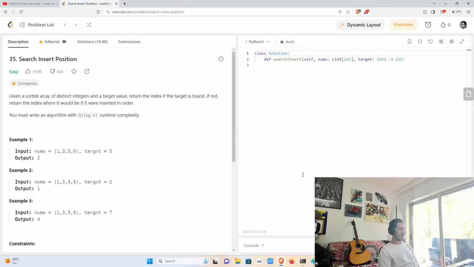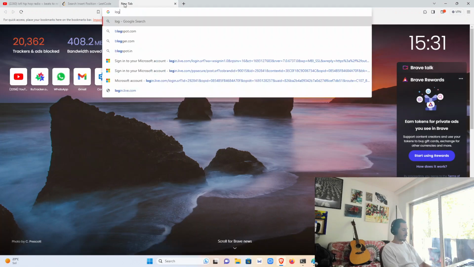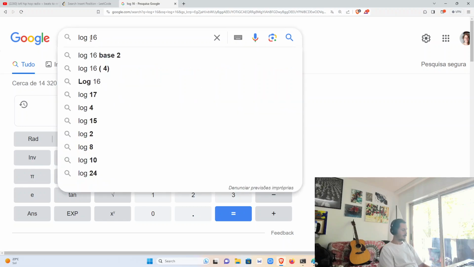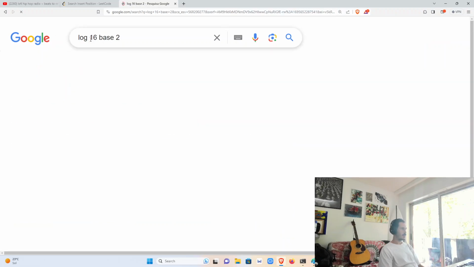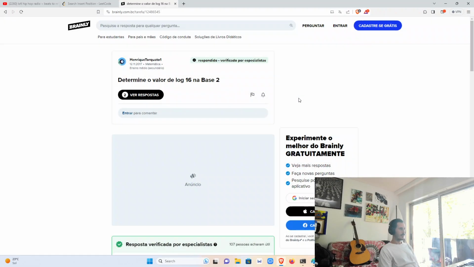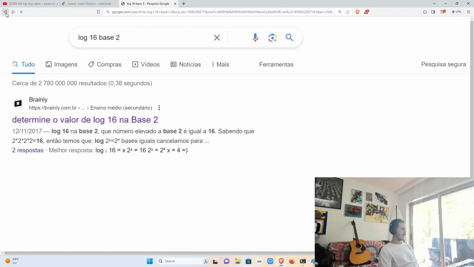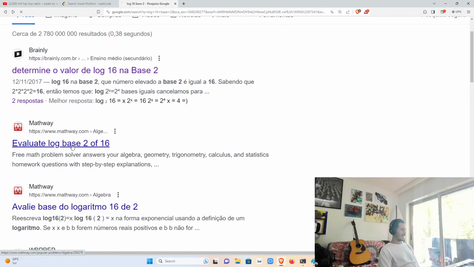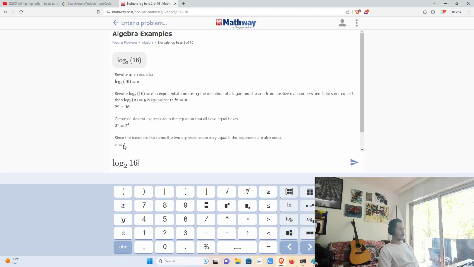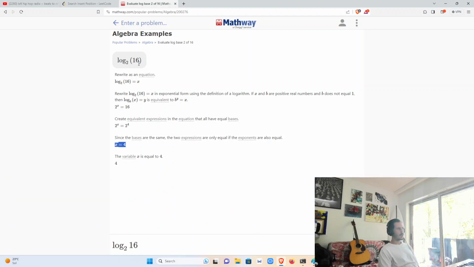So let's just search log 16. Oh yeah, this is log base 2. It's 4. So log base 2 of 16 is 4.